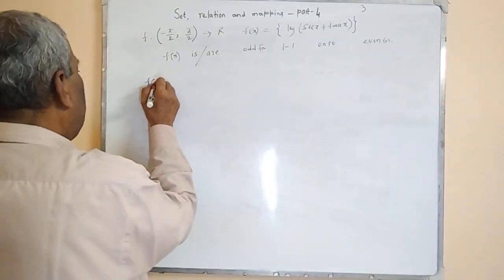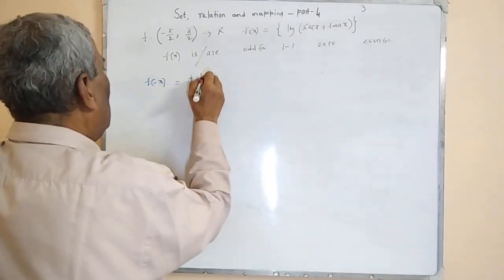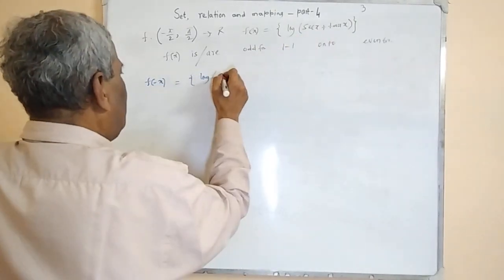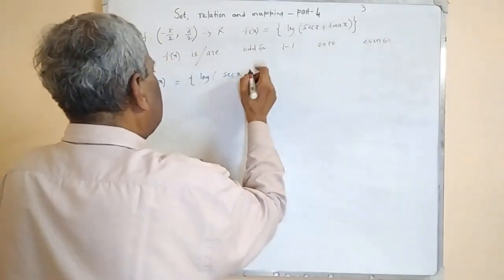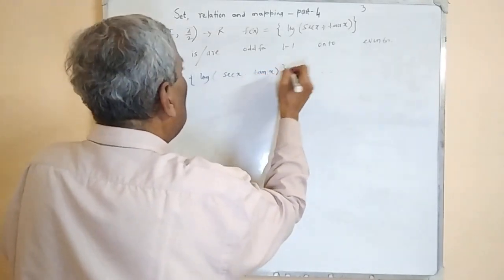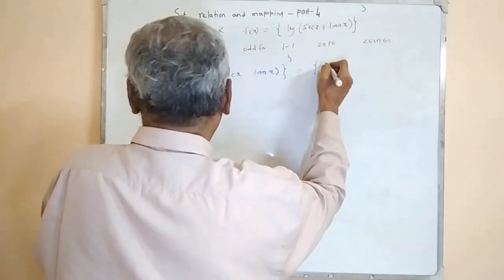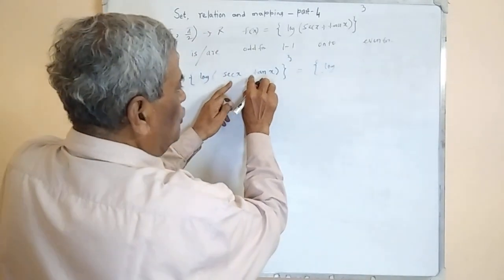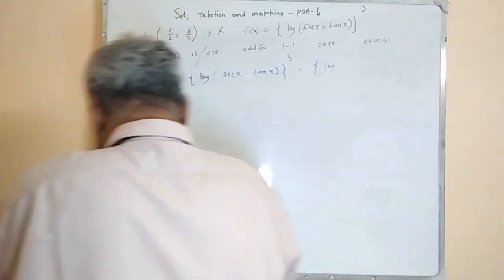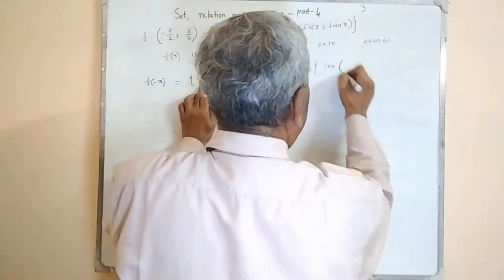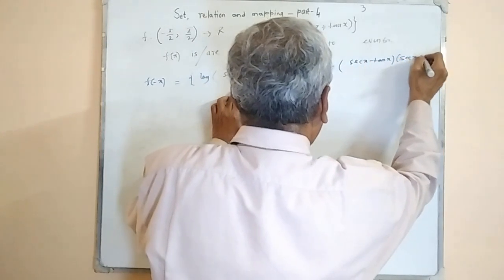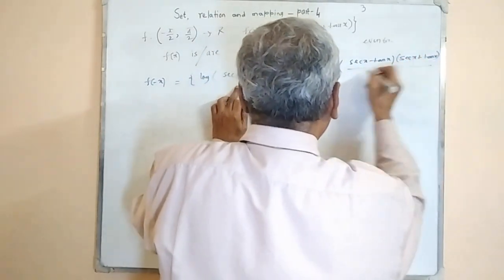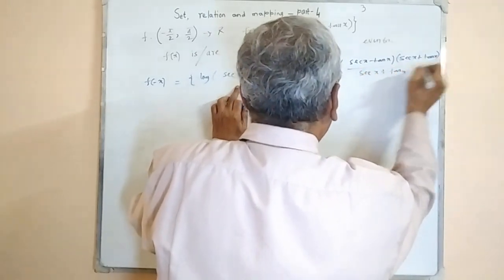f of minus x is log of (sec of minus x, that is sec x, plus tan of minus x, which is minus tan x) whole cube, which is equal to log of, multiplying numerator and denominator by sec x plus tan x, it becomes log of (sec x minus tan x) into (sec x plus tan x) by (sec x plus tan x) whole cube.